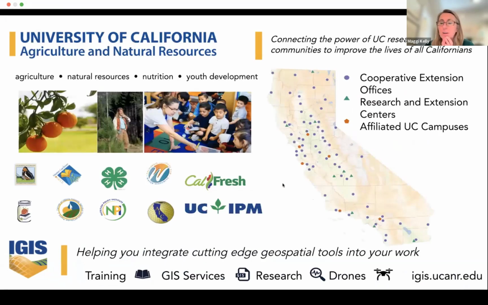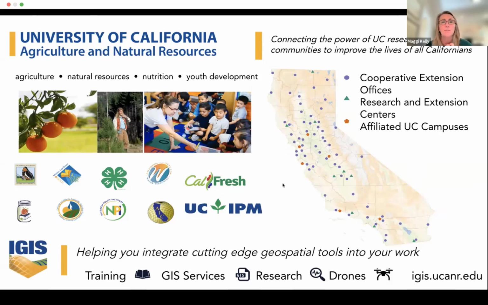But before we get started on the workshop, I did want to tell you a little bit about us and who we are. I know a lot of you are coming to this from the UC Data Love Data Week, and you might not know about University of California Division of Agricultural and Natural Resources. That's who we're all part of. And this is an entity under the University of California that's dedicated to connecting UC research to California communities.